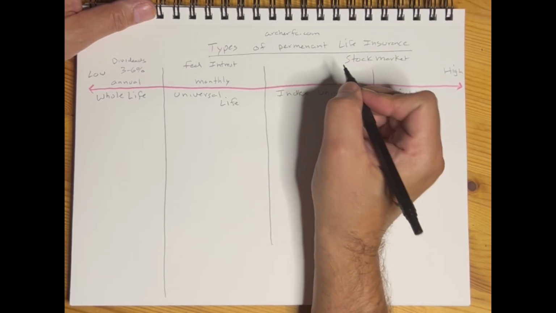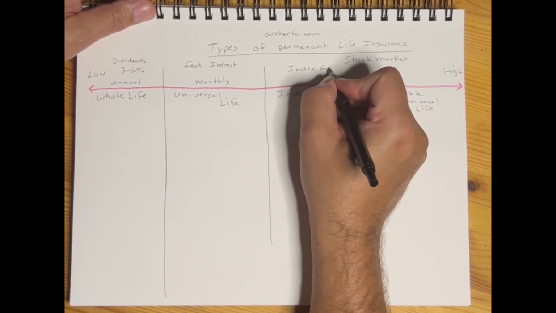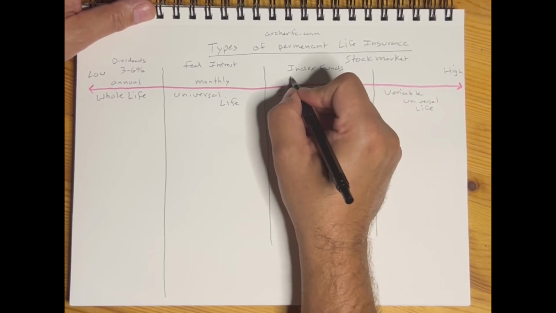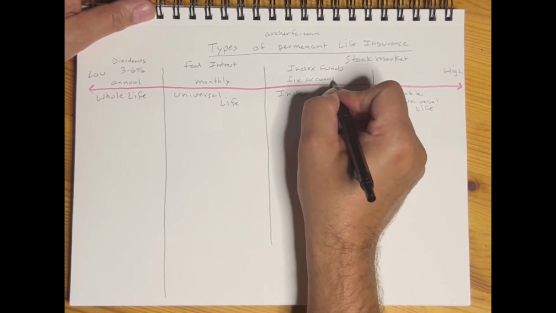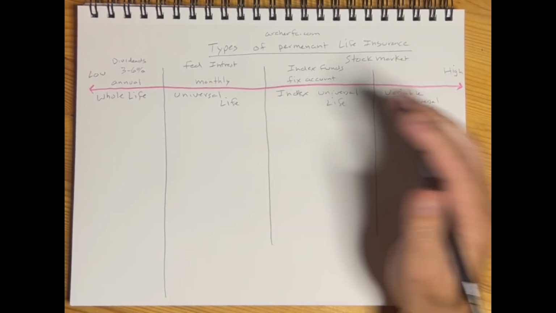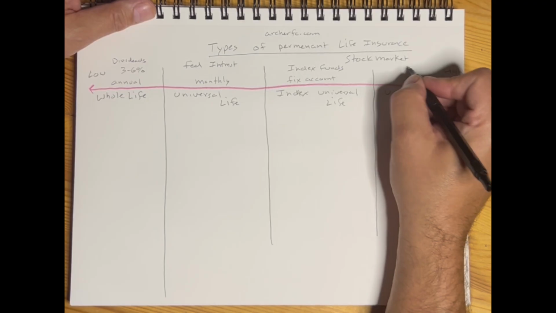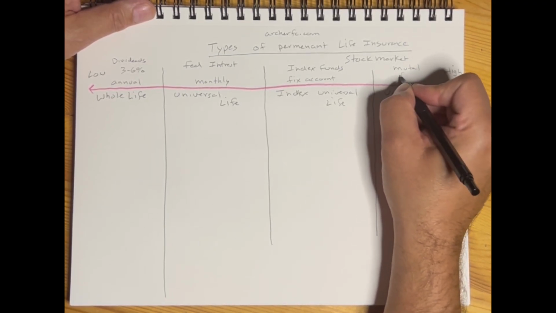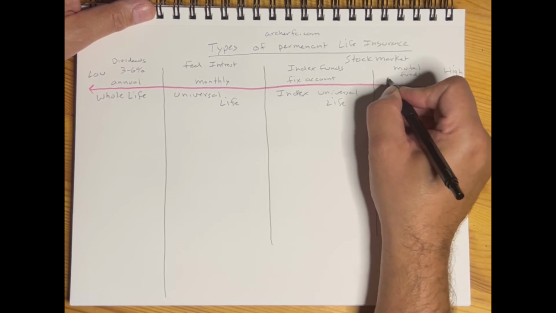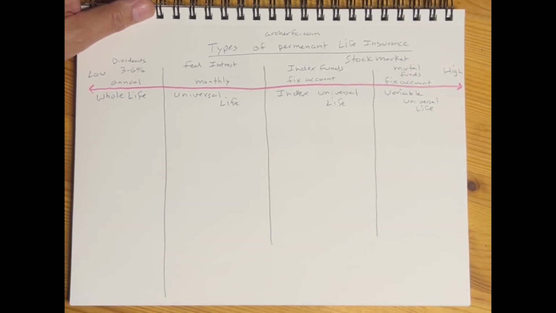An index universal life puts it in index funds, and there is a fixed account that is also associated with it to diversify your money. And then in the variable universal life, it's in mutual funds. And there's also a fixed account that you can diversify your account with.